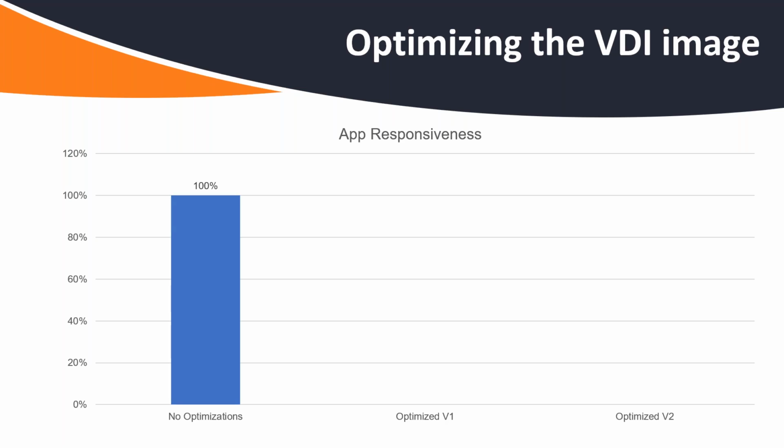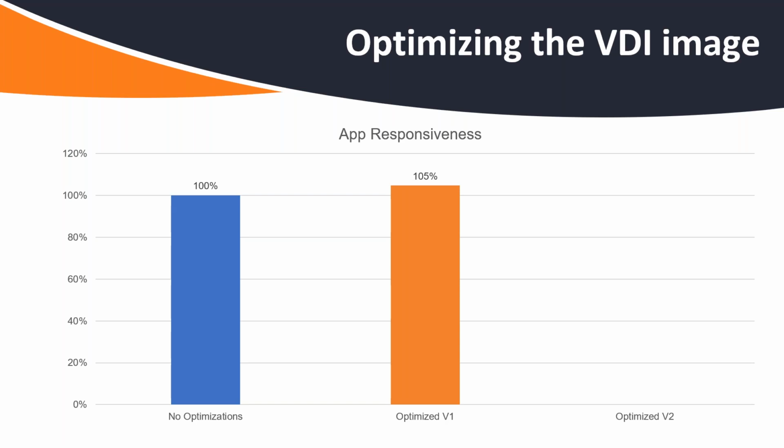While talking about user experience, we looked at application responsiveness as well. Again, the non-optimized image test run was our baseline, our 100%. When we ran it with the V1 optimized image, applications were responding 5% faster than without the optimizations. So just by doing the optimizations, we could host more users on that same server, but applications were also responding faster because the VMs needed fewer resources to run unnecessary services.